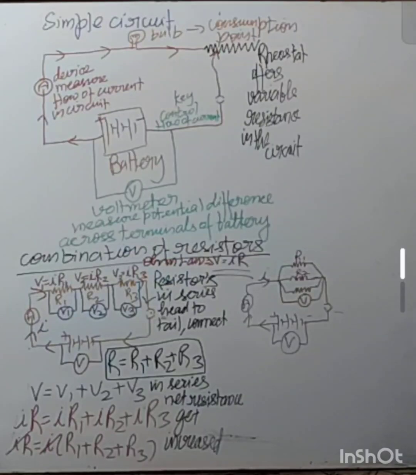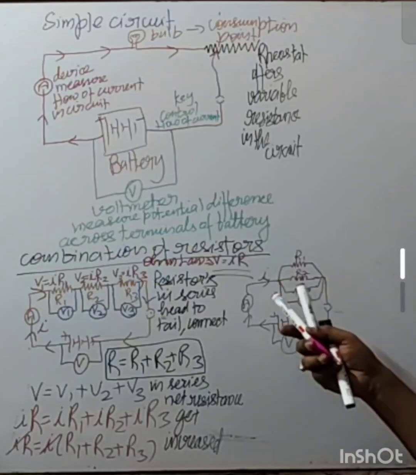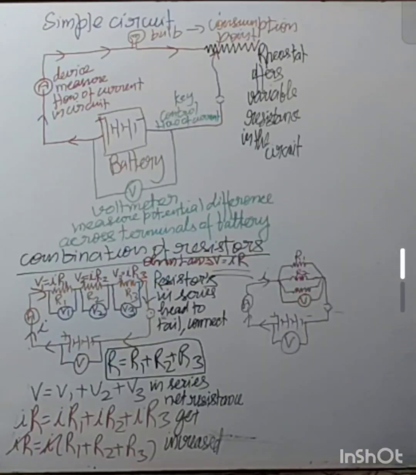That's why in domestic wiring we use the parallel way, so at every point we get the same potential.